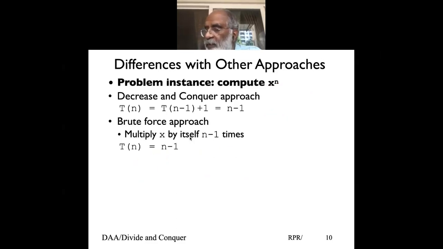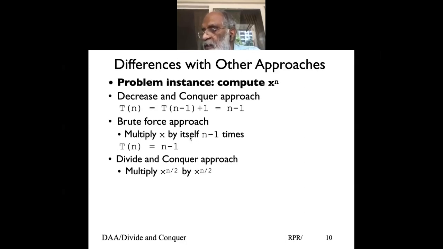The next approach is divide and conquer, as you said: for the power of n, we divide by 2, giving x raised to n by 2 if n is even, and if n is odd, we compute x raised to n minus 1 by 2 multiplied by x raised to n minus 1 by 2 into x.